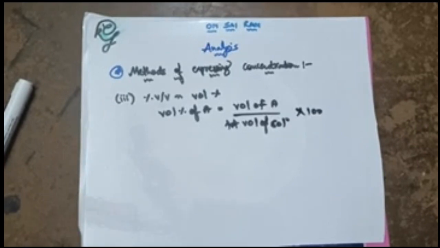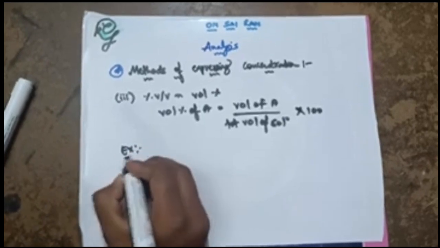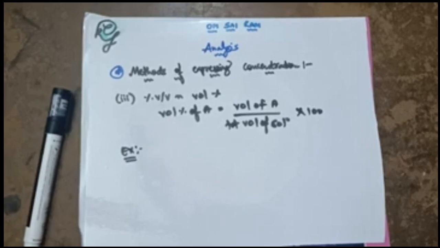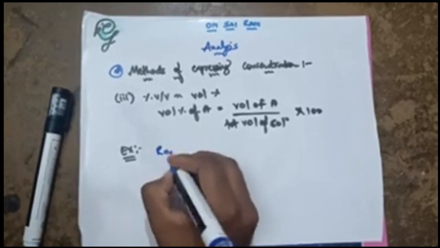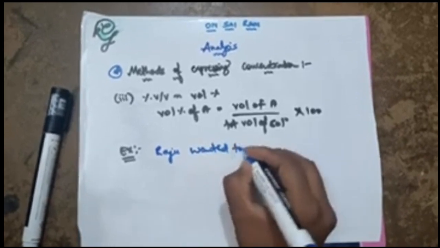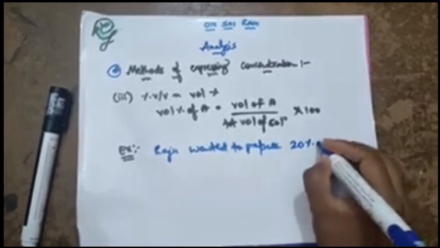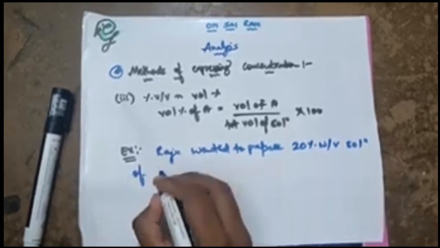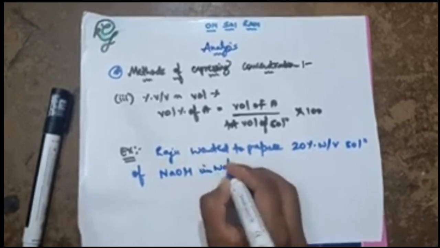Now let us take an example to understand the percent solution. Raju wanted to prepare a 20% weight by volume solution of sodium hydroxide in water.